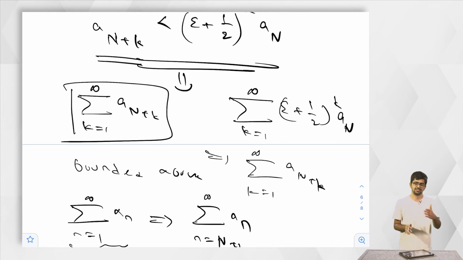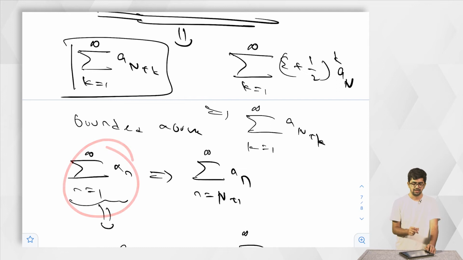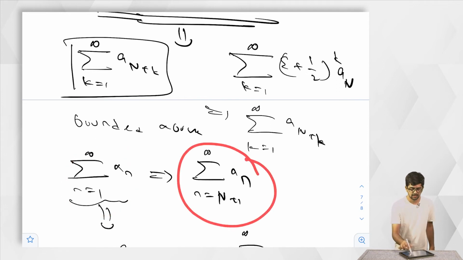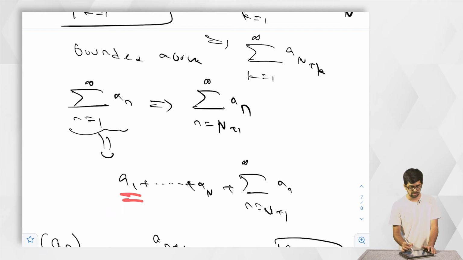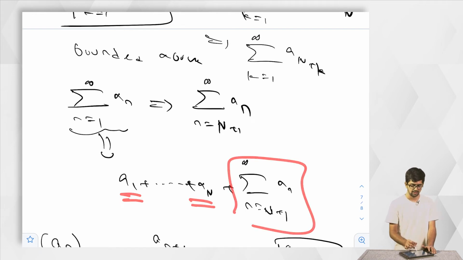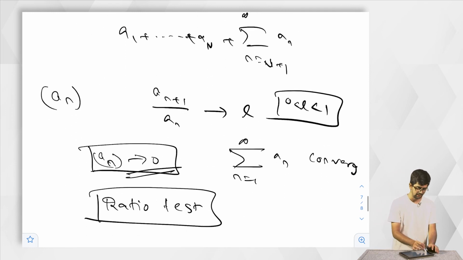Then we know, last time we said that if I take a series summation 1 to infinity an, and I know that excluding the first n terms this series is convergent, then this series is convergent. But the limit will be different. The limit is a1 plus so on an plus this, and that's what I have written here, nothing more than that.